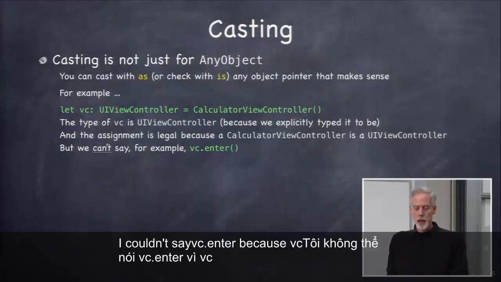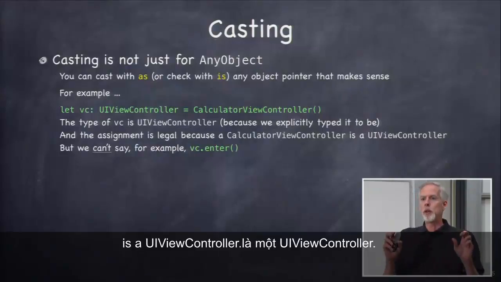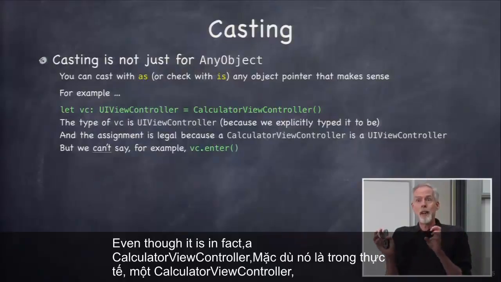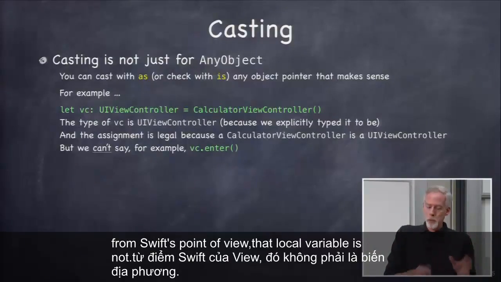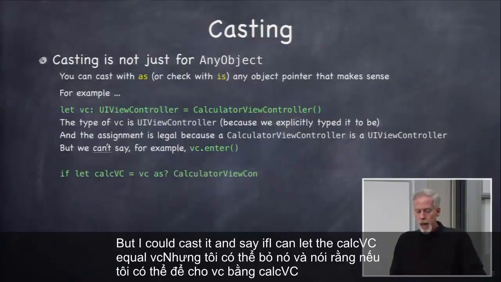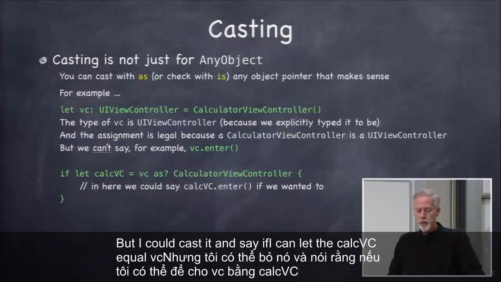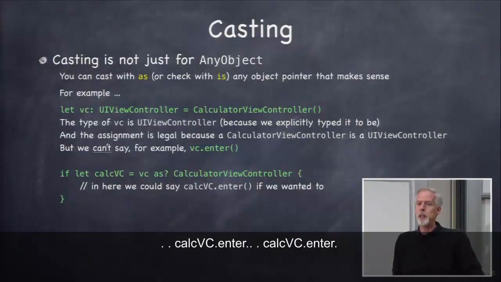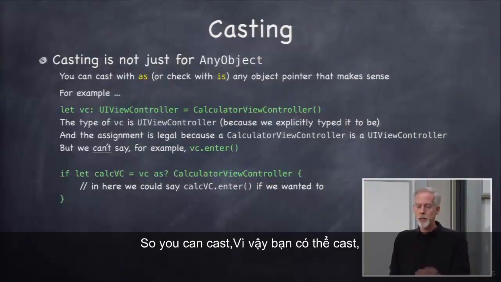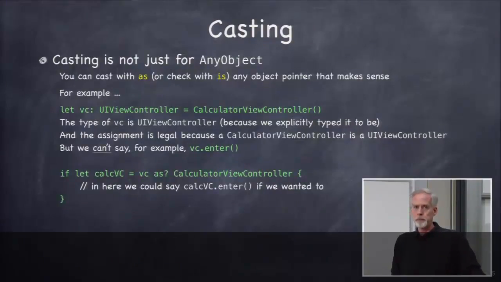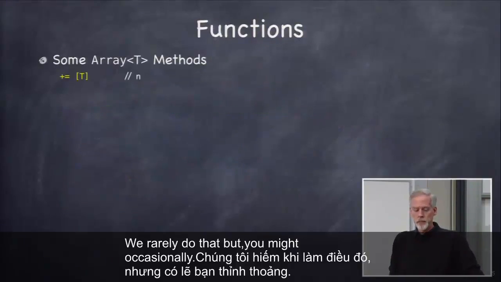I couldn't say vc.enter because VC is a UI view controller. So as far as Swift knows, it doesn't respond to enter. Even though it is, in fact, a calculator view controller, from Swift's point of view, that local variable is not. It's of type UI view controller. But I could cast it and say, if I can let the calc VC equal VC as a calculator view controller, now I can say calc VC.enter. Okay? So you can downcast through your inheritance hierarchy as well. You rarely do that, but might occasionally.